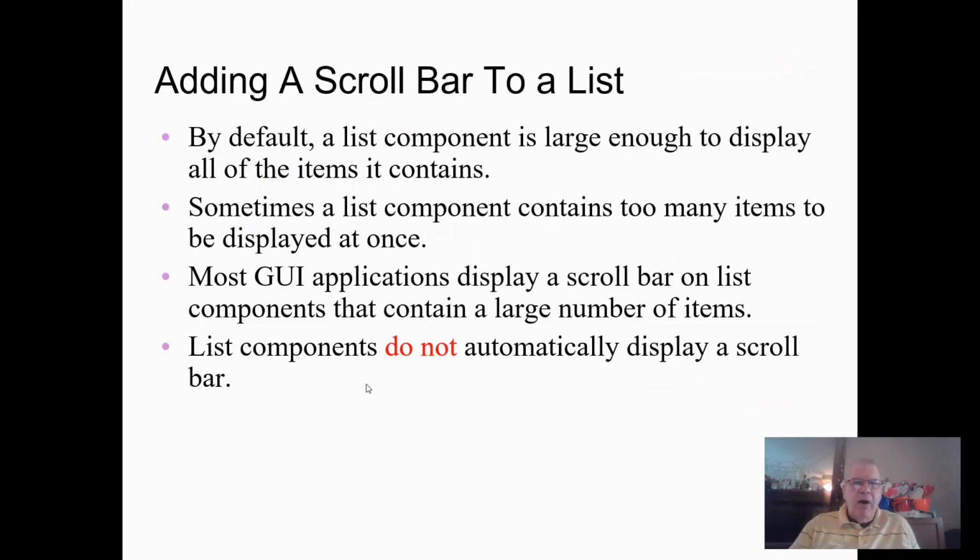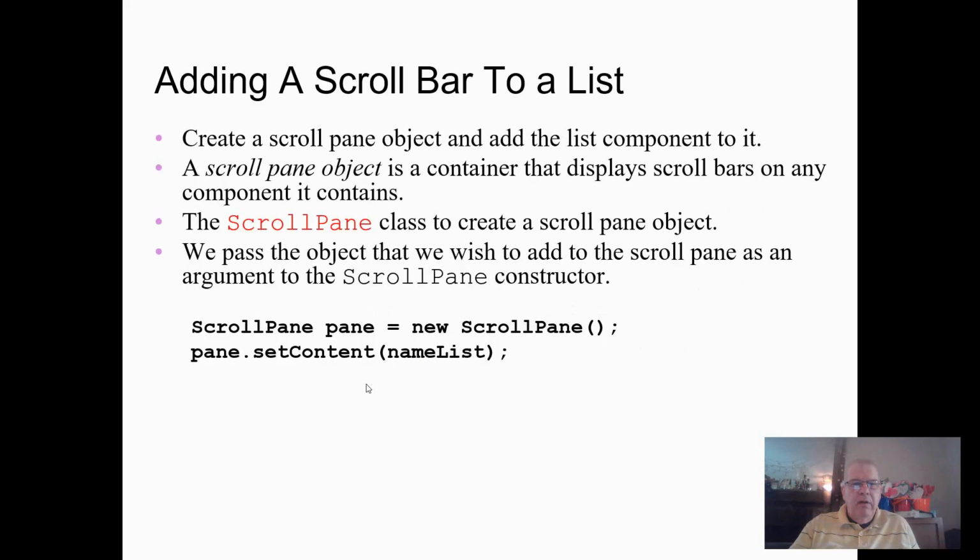You could also add a scroll bar to a list. That doesn't automatically happen, but you put a scroll pane. You create a scroll pane, and then you set the pane. Actually, it seems a little bit backwards to me because you are putting the scroll pane around the list of names.